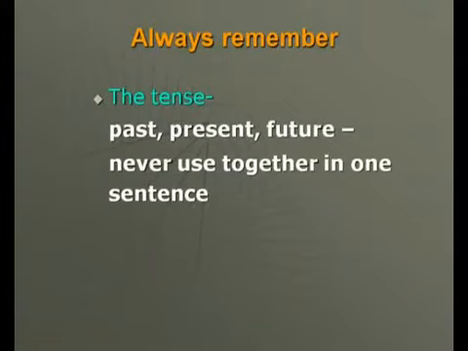So, the few things that need to be remembered always while using English are the tense. Past, present, and future are three different tenses and should not be used in the same breath in one sentence or in the same paragraph. We often see he said and says he in the same sentence, in the same paragraph, or in the same sentence itself.